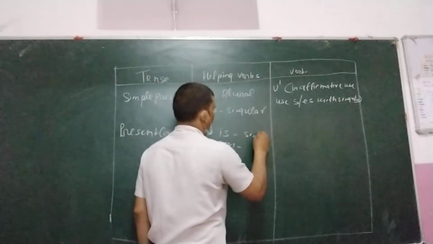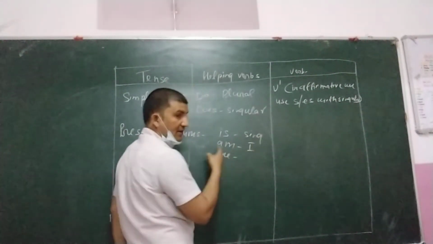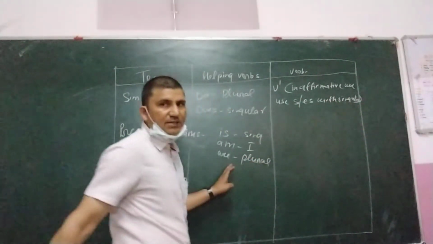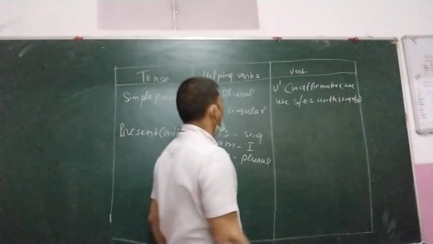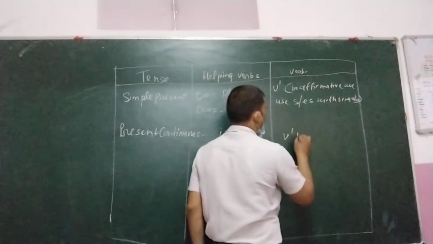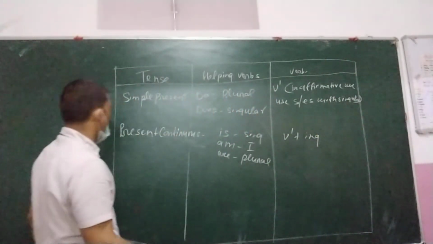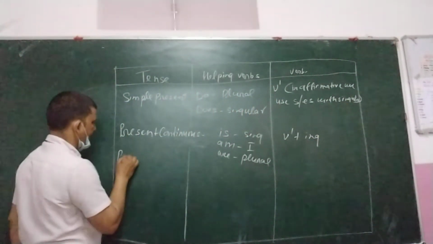With singular, we use is, with I we use am, and with plural we use are. And with continuous, we always use the ing form: verb first form plus ing. Okay? And now we start present perfect.